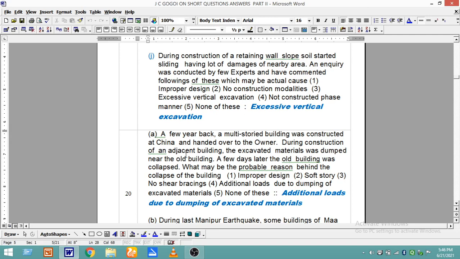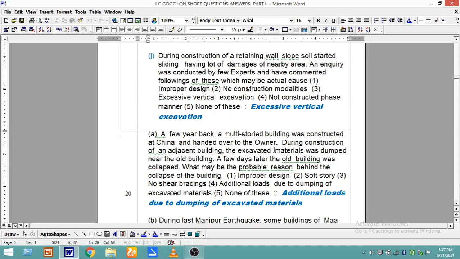I say, if it was improper design or there was some soft story, or if there was some earthquake, in case of earthquakes these reasons, improper design, soft story, no shear bracing, are applicable.